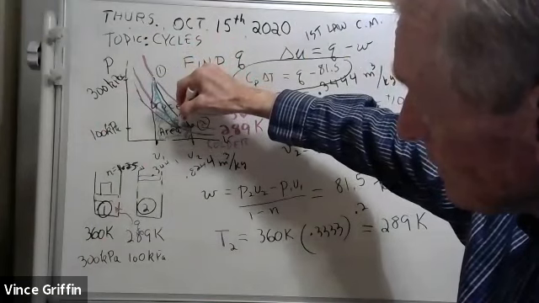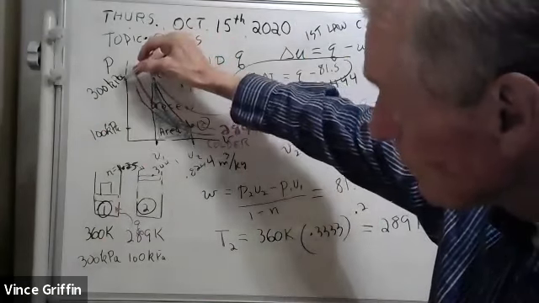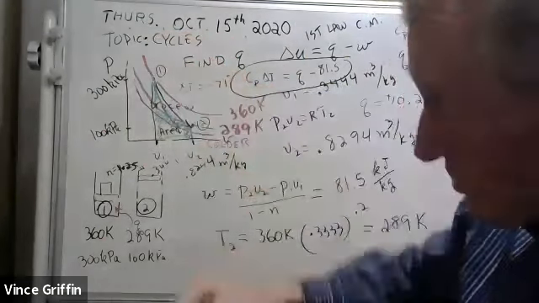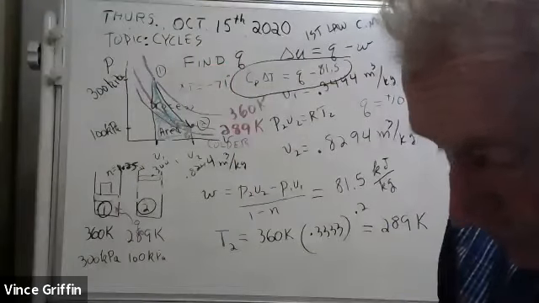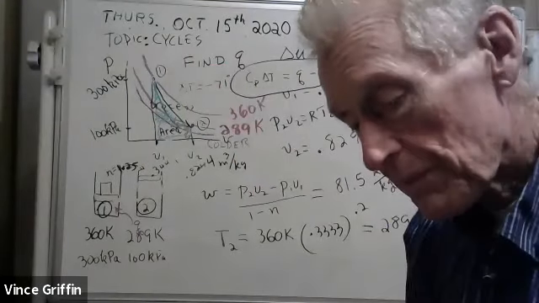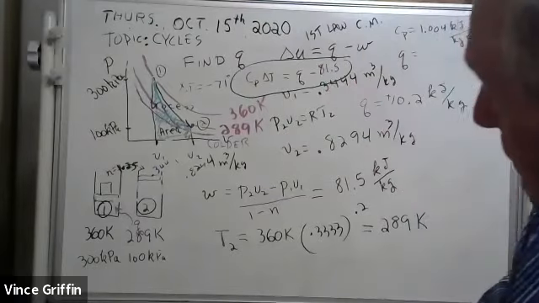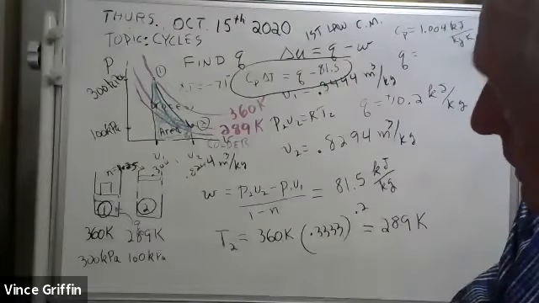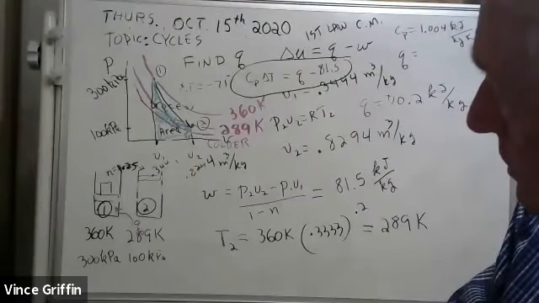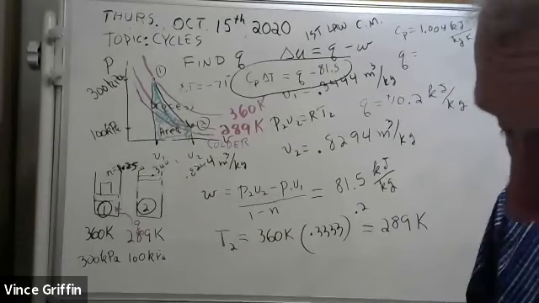Do you understand? You'd still go from 300 to 100, but your temperature would be colder. Well, we really worked that problem to death, I think. It was good. Do you have any questions about that?